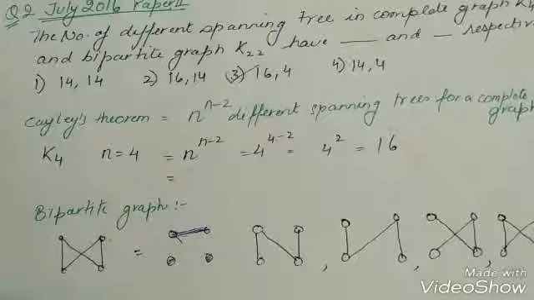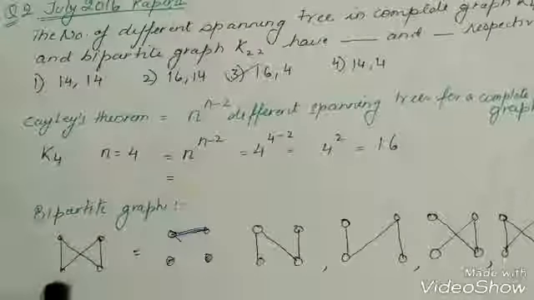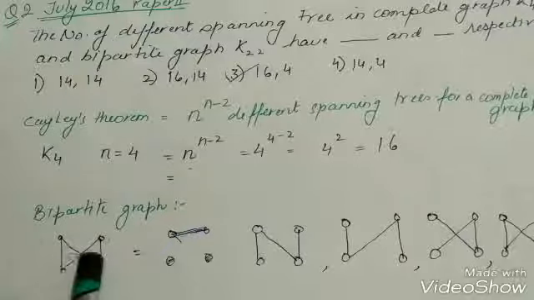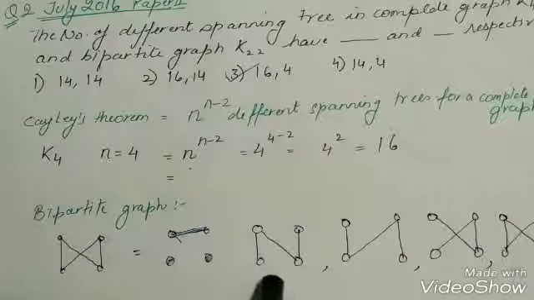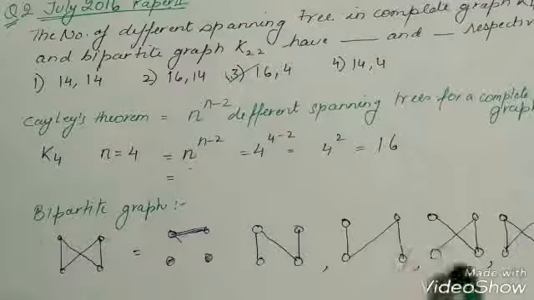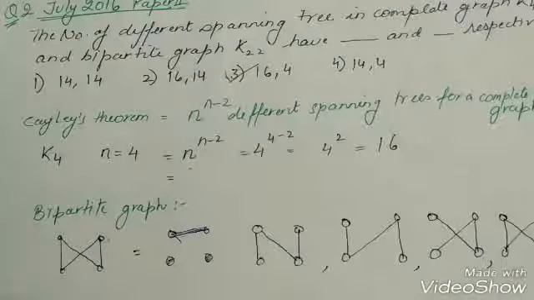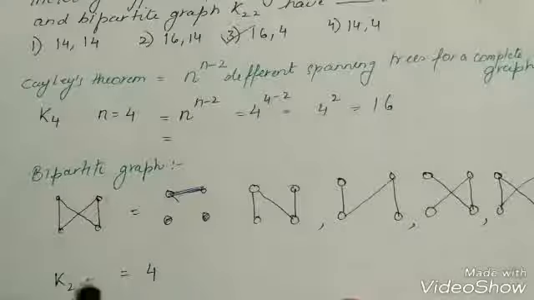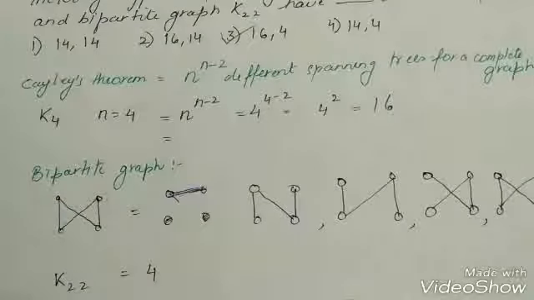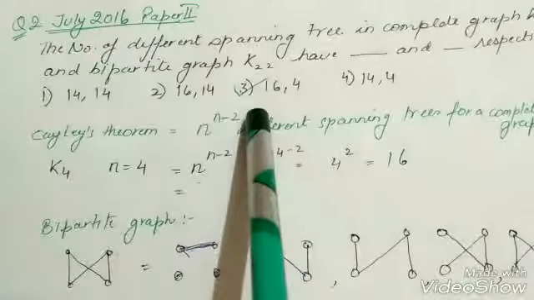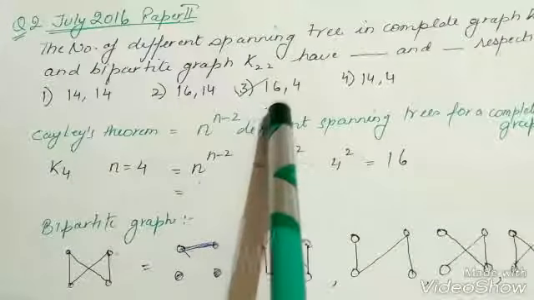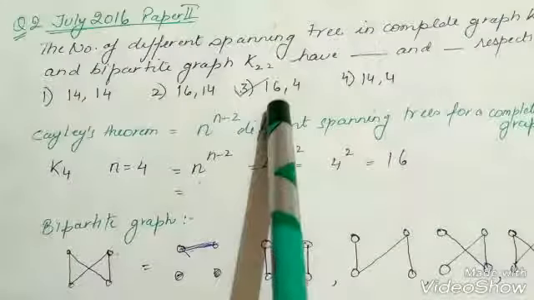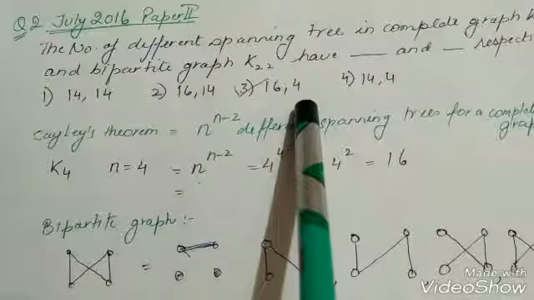In this graph we have 4 edges, but in spanning trees we will include only 3 edges. With the help of that, we are able to make 4 different spanning trees. Therefore, K2,2 has 4 spanning trees. So our answer is option number 3, which says that K4 has 16 spanning trees and K2,2 has 4 spanning trees.